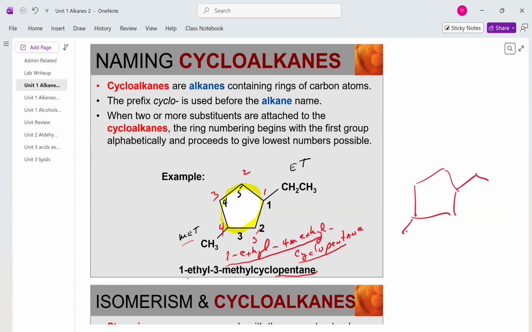if we started numbering over here, we'd go 1, 2, 3, 4, 5. So it would be 2-ethyl-1-methylcyclopentane.